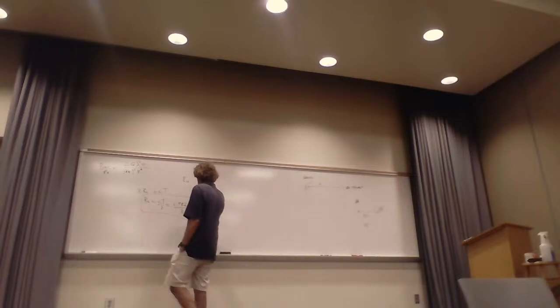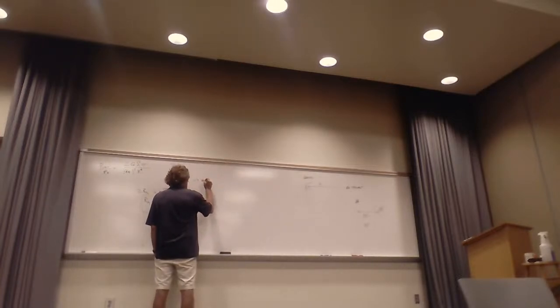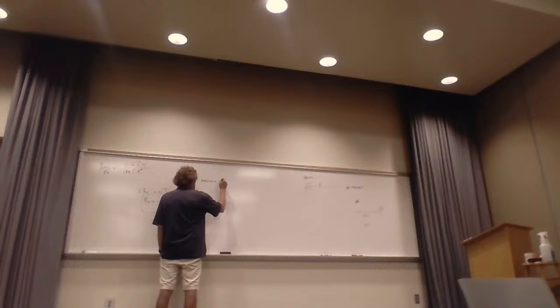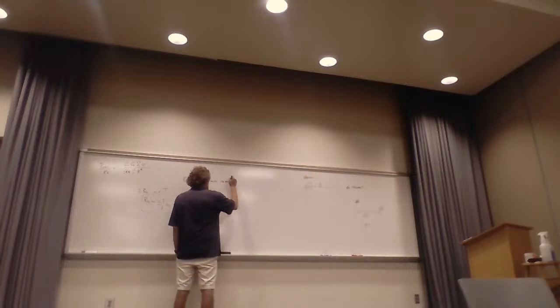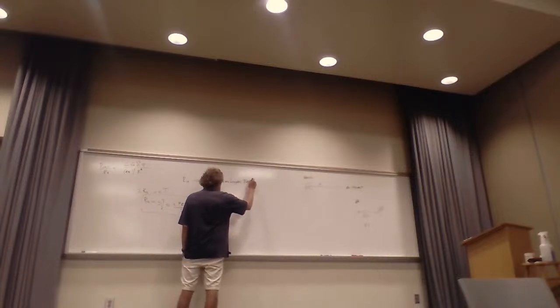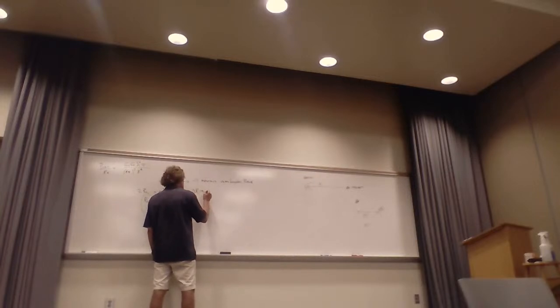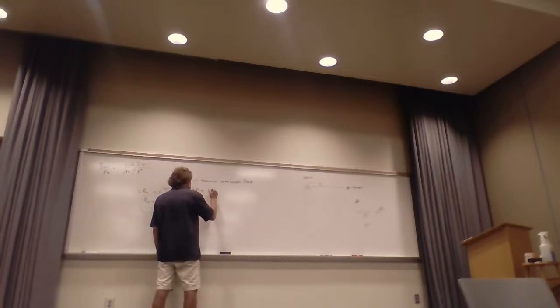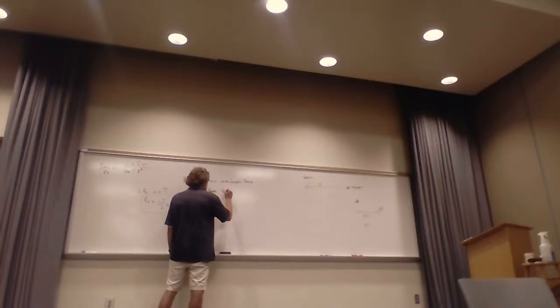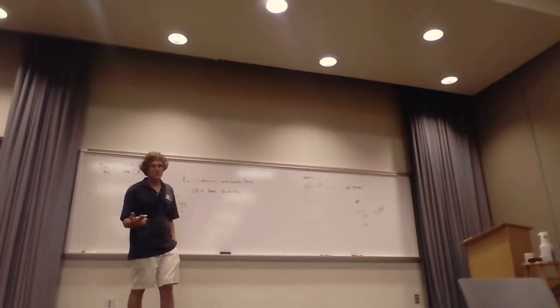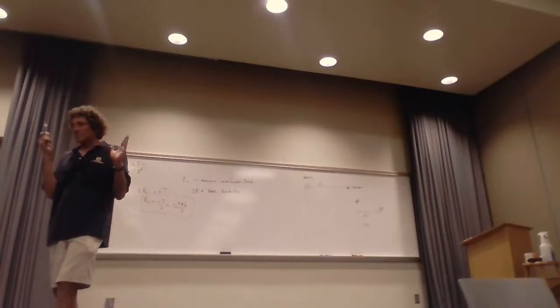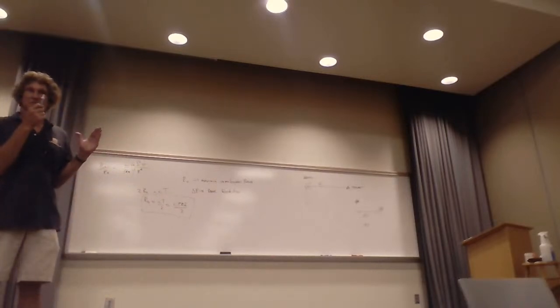This is the maximum unambiguous range. And there's also a delta R, and that's the range resolution. Now the range resolution tells you what's the minimum distance that you can see targets apart.